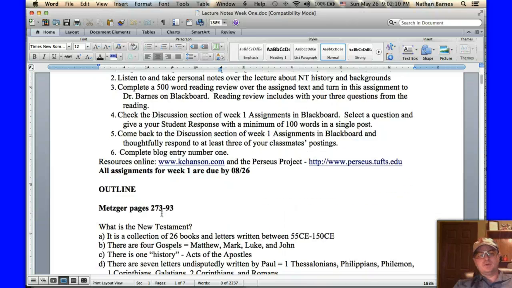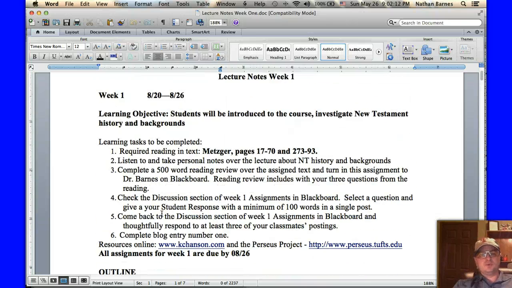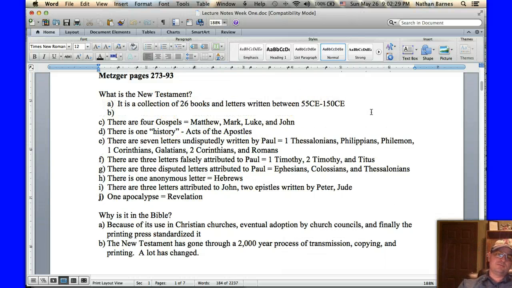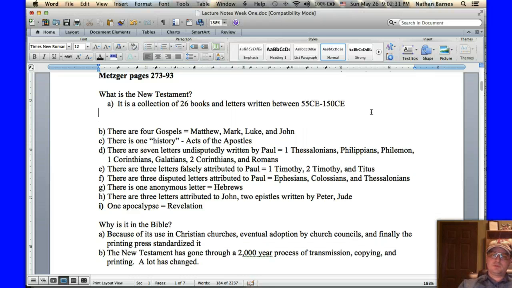taking notes. So this is the outline that I use for week 1 lecture. And so I just copied these from my notes, put them in a PowerPoint presentation, and I lecture on these points. And then it's designed for you to scoot that stuff down and take notes here.